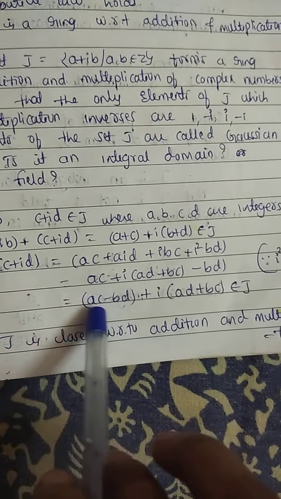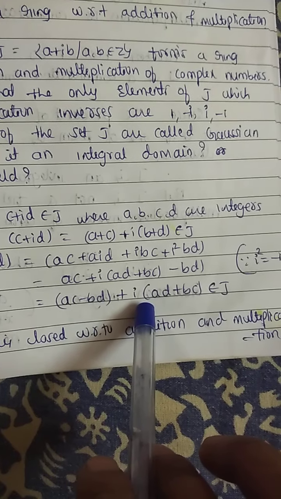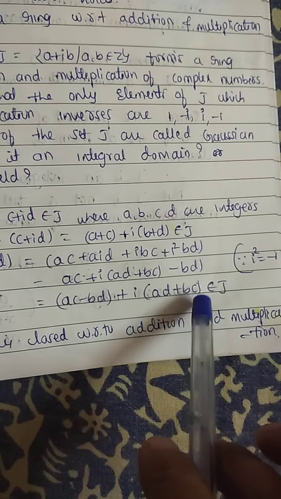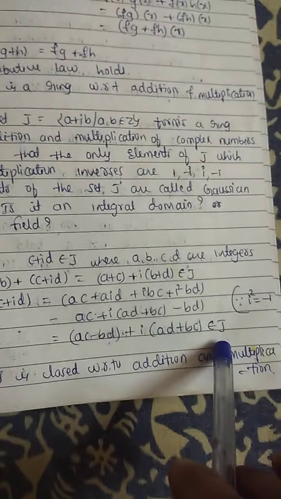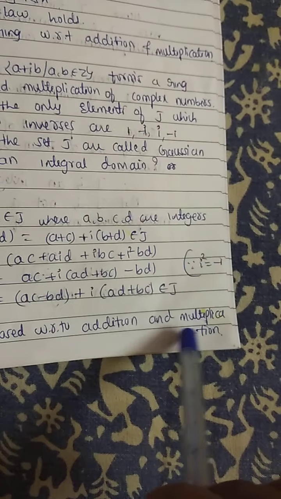Write the real parts one side: ac minus bd plus i into ad plus bc. This also belongs to J. This is in a plus ib format. Hence, J is closed with respect to addition and multiplication.